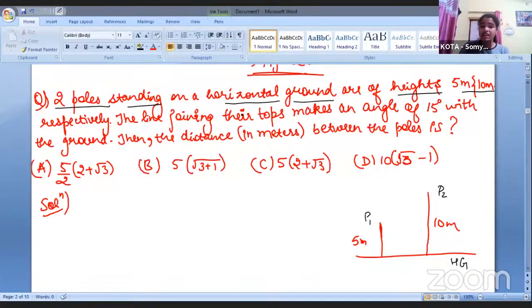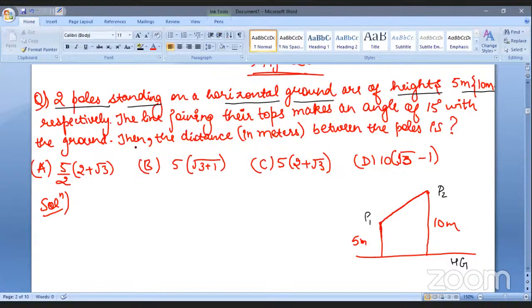What is it saying? The line joining their tops. This top is here, this top is here. So the line which is joining these two tops makes an angle of 15 degrees with the ground.